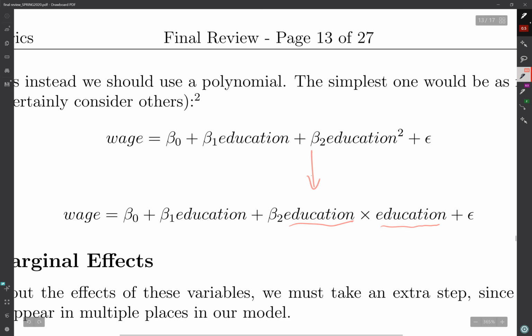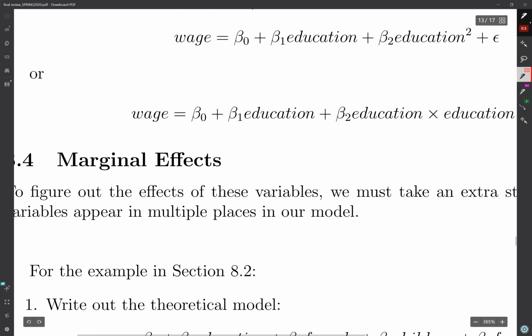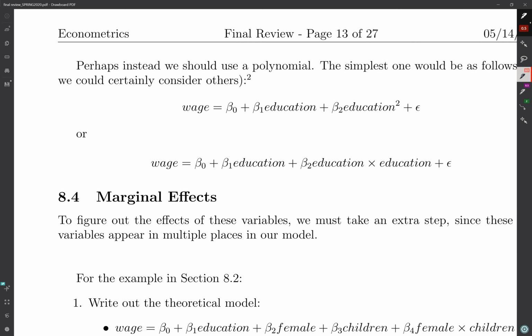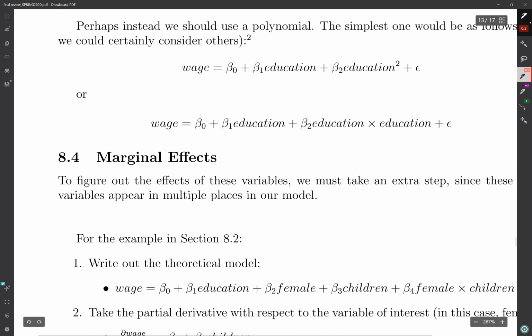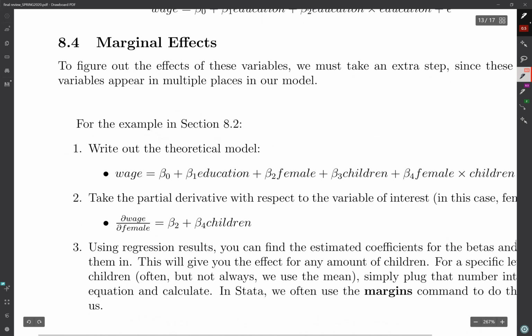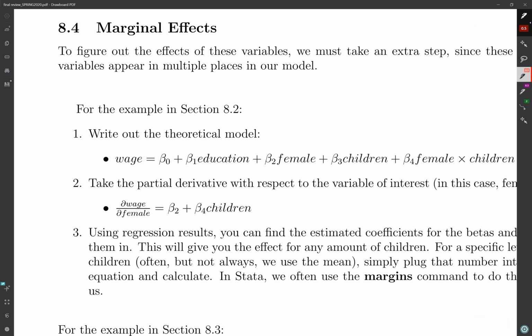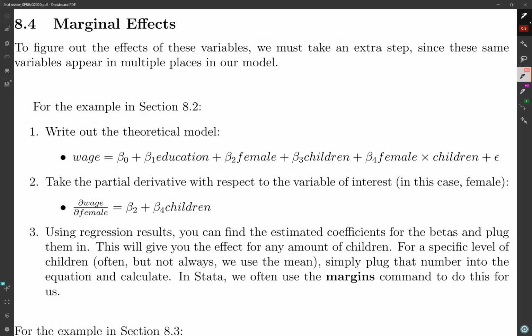And it turns out we can do a calculation for the marginal effect of education in a similar way to what we did for interaction. So let's see, how do we do that? Let's say we've got this model, wage equals beta 0 plus beta 1 education plus beta 2 female plus beta 3 children plus beta 4 female times children.